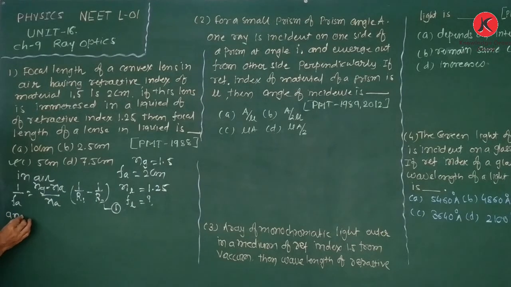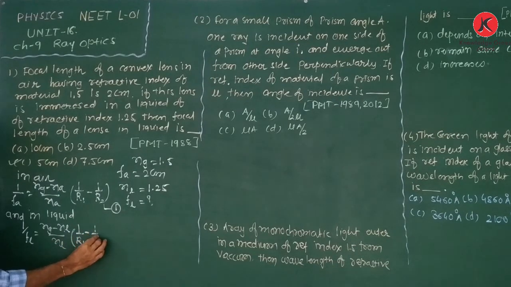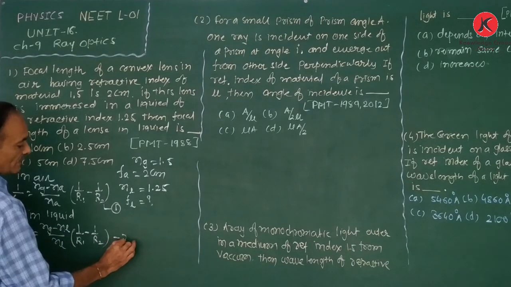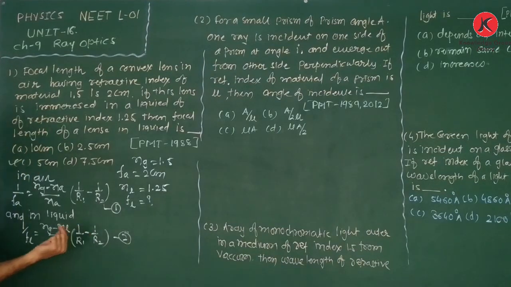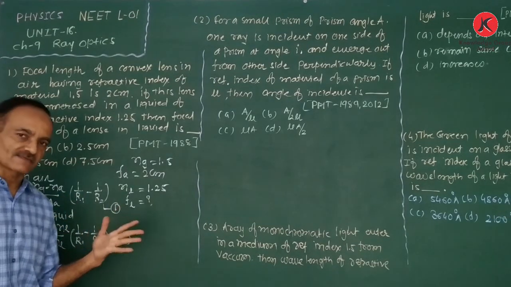And in liquid, the focal length is 1 upon FL is equal to (Ng minus NL) upon NL into (1 upon R1 minus 1 upon R2). So we write the equation of the focal length of a lens in air medium and also in liquid by using the lens maker's equation.